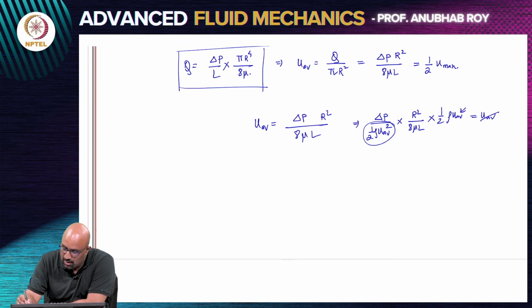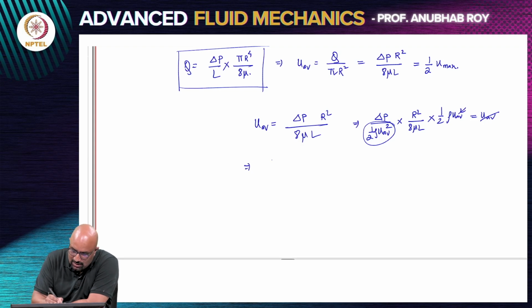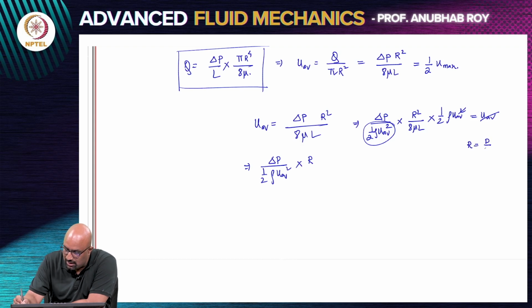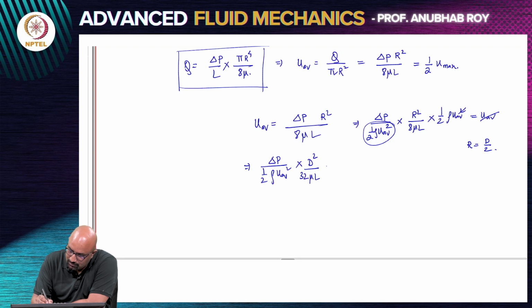This is a quantity that we are always interested in measuring, that is, what is my non-dimensional pressure drop. So, then the term that is left is del p by half rho u average square is equal to R square by 8 mu L. Now instead of R, I am going to write this in terms of diameter. So, that is D by 2, so R square becomes D square by 4. So, that is 32 mu L into half rho u average is equal to 1.